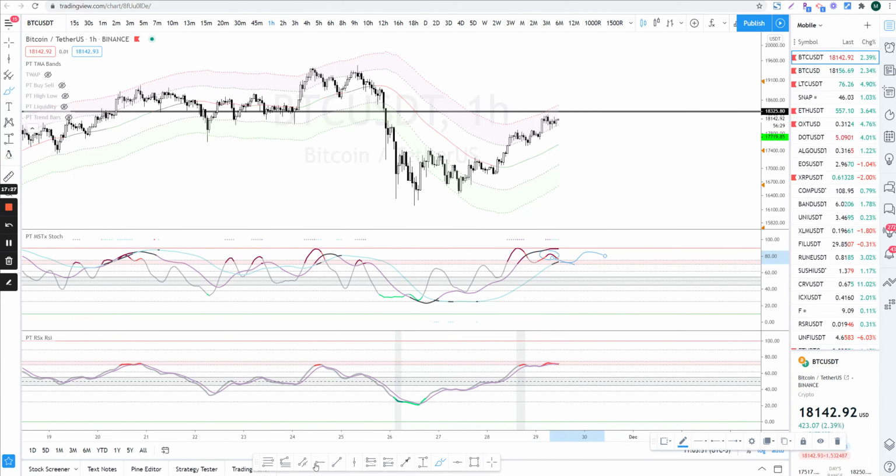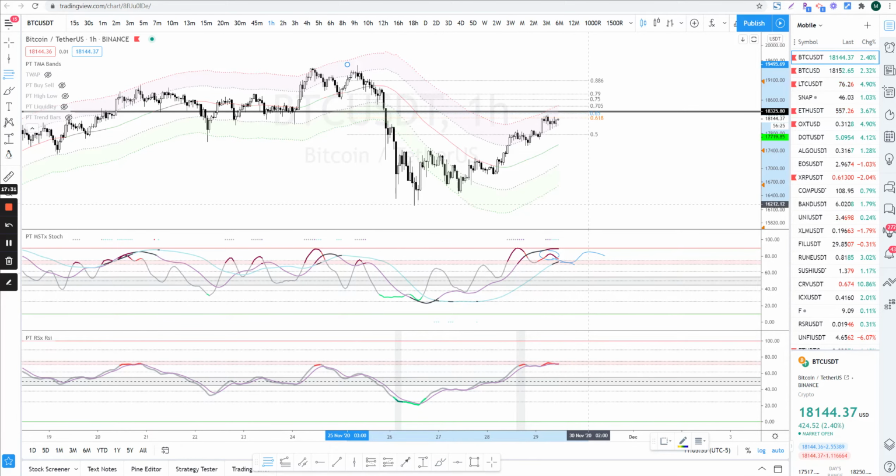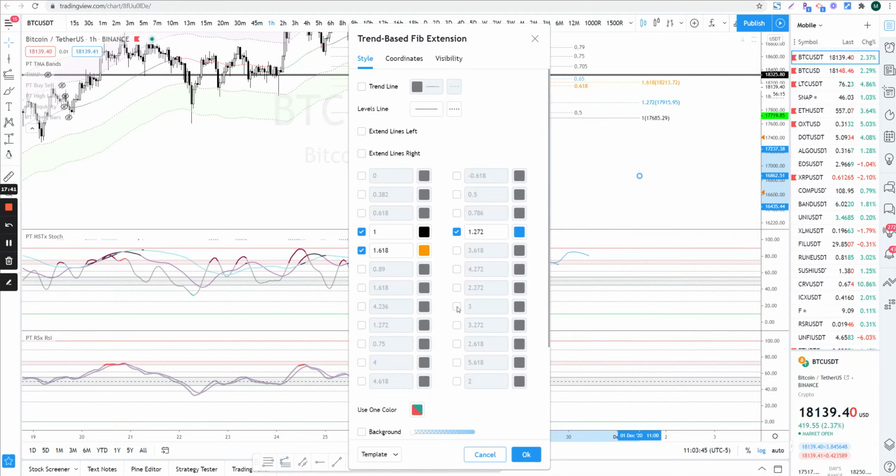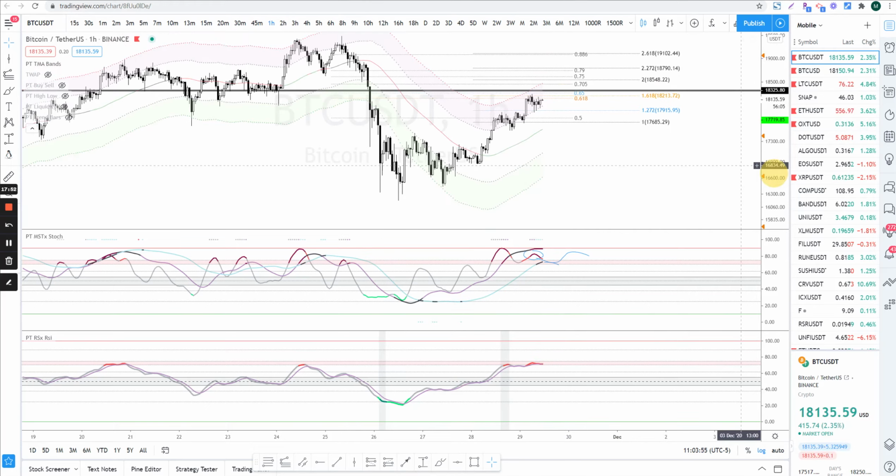Let me throw fibs on this real quick, guys. I'm sorry. Yeah, we're at the golden zone, right? Let's get an extension going. Let me see something.